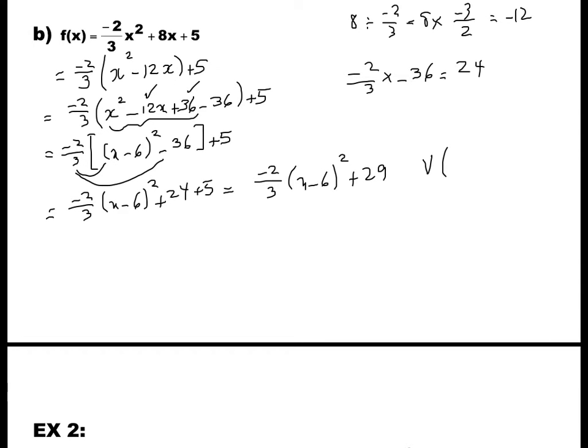So the vertex in this case is 6, flip the sign of negative 6 is 6, and 29. And since our a is negative 2 over 3, is negative, the parabola opens downward, so the vertex is a maximum.